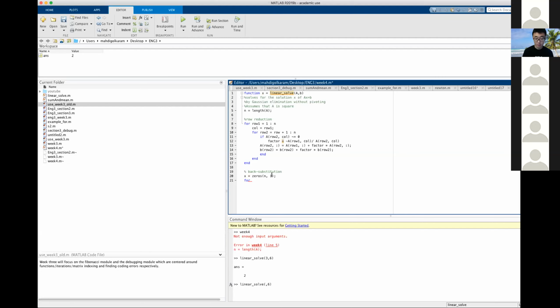And then also for row, because we are doing back substitution, that means we start from n and then go back, right? So we start from n, and every time the step size is -1, and then we go back to 1. So here x row is first equal to, let's say, b row.